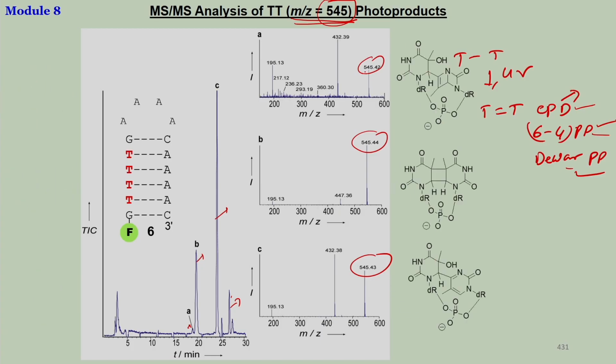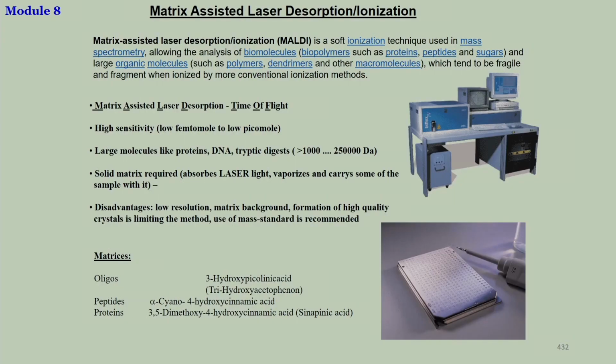This is actually the Dewar valence, this is actually the CPD, cyclobutane pyrimidine dimer, this is actually the 6,4 photoproduct, but they are all isomers with the same mass. So it is very advantageous and used a lot in chemical biology today, especially in proteomics.